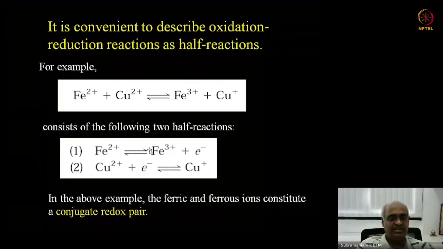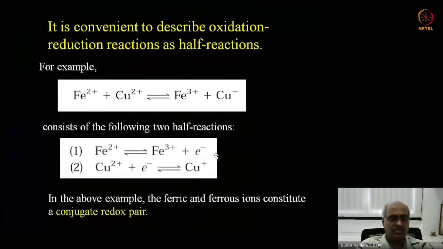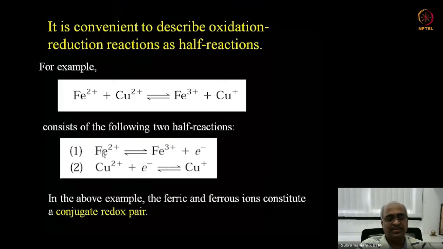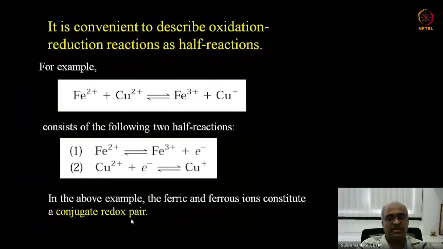Very similarly, here you have something that can lose an electron, meaning this gets oxidized. So this is a reducing species, and this is something that can get reduced, meaning this is an oxidizing species. So reducing and oxidizing species together form a pair, and that we call a conjugate redox pair.